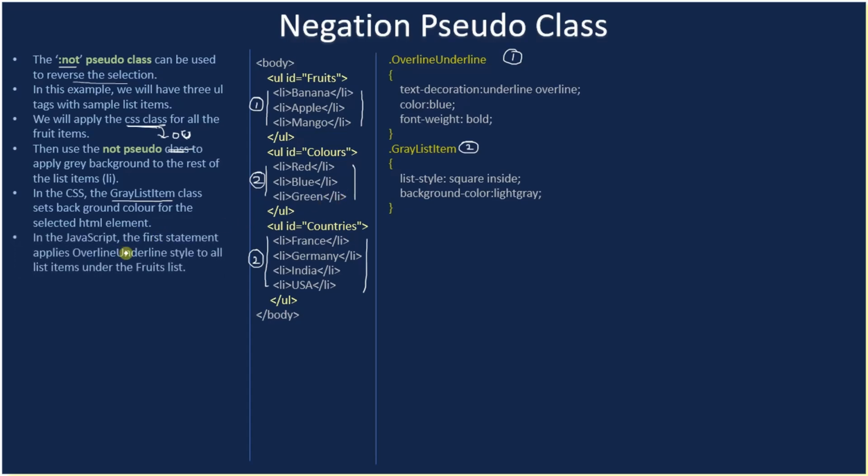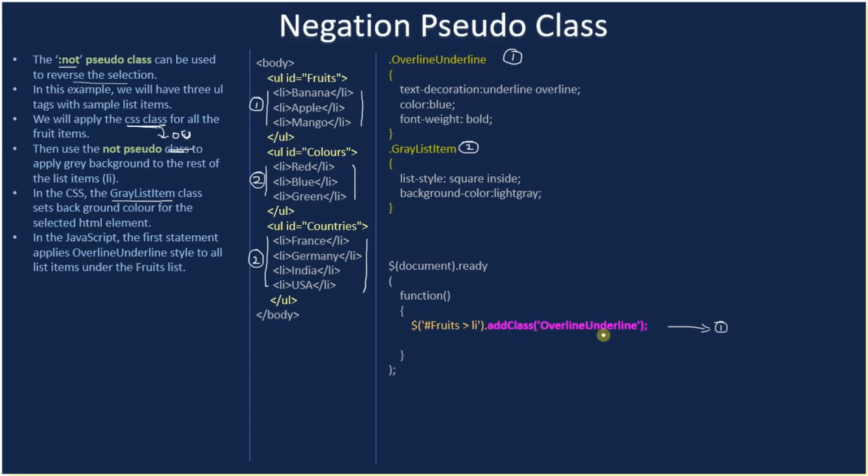In the JavaScript, the first statement applies overline underline style to all list items under the fruit list. That means now we need to look at the JavaScript, and the first statement is here. The first statement applies overline underline style, right?